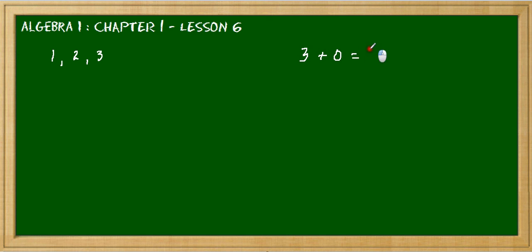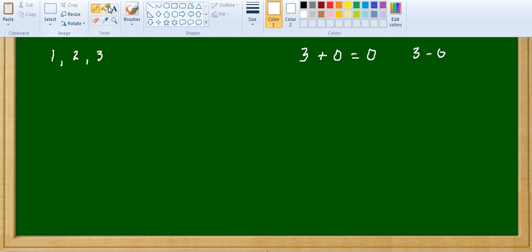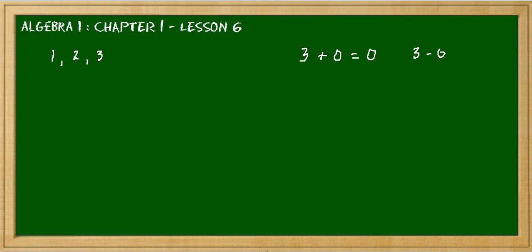Well, what do we get? Well, what if we subtracted 0? I'm sorry, I just made a big mistake there. I didn't mean to write 0 there. Let me go back. Does not change the number. I was actually jumping ahead to multiplication. So 3 plus 0 is equal to 3. And the same here, 3 minus 0 would also be equal to 3. So it does not change the number.